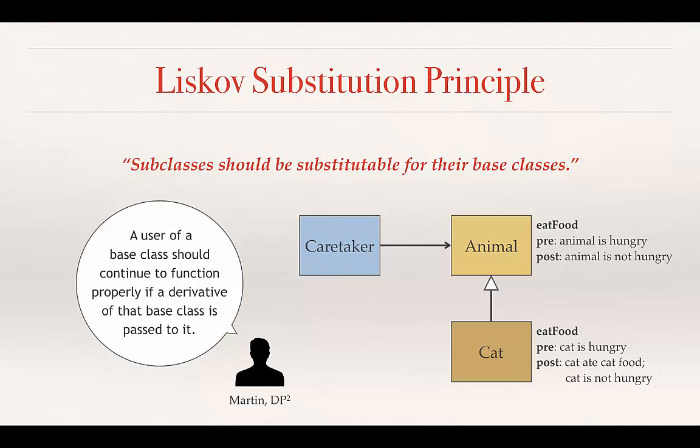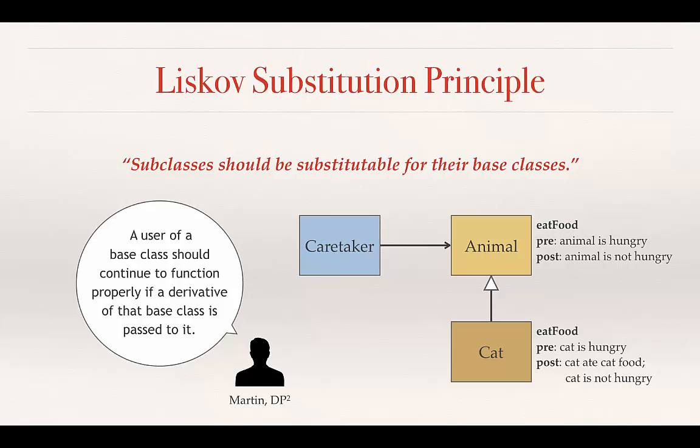Based on design by contract, the caretaker is responsible for checking if the animal is hungry before feeding it. Let's assume that there's a method somewhere that allows the caretaker to do this check. After calling the method eat food, the caretaker can be certain that the animal is no longer hungry.